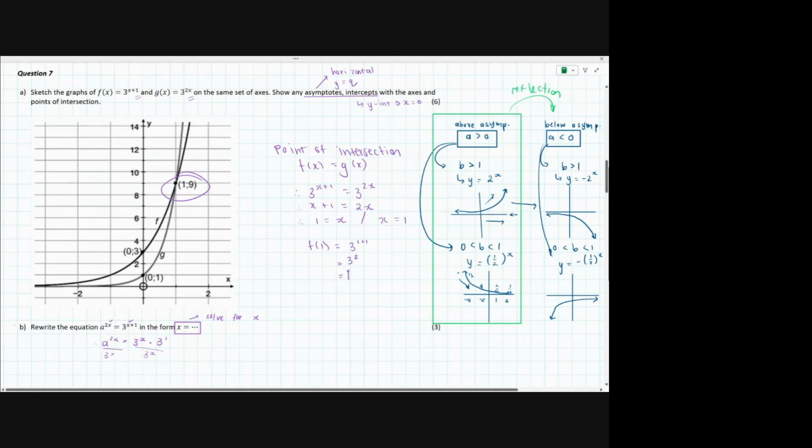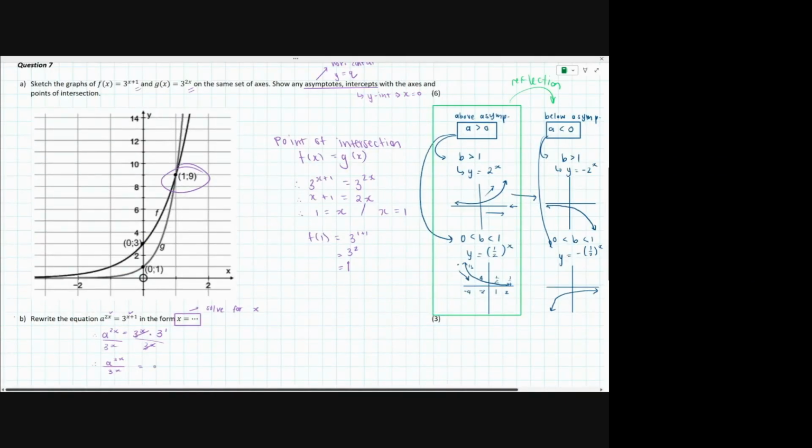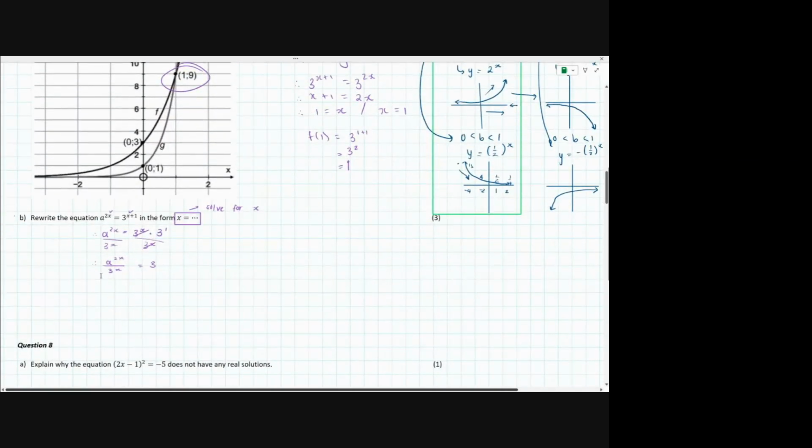That's the only way I'm going to get it onto the left-hand side, by getting rid of it on the right. And so I end up with a to the power 2x over 3 to the power x is equal to 3. Now we're on the right track. At least now I've got my x's on one side of my equation.